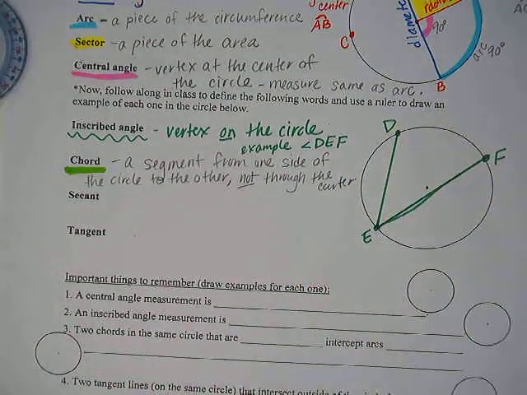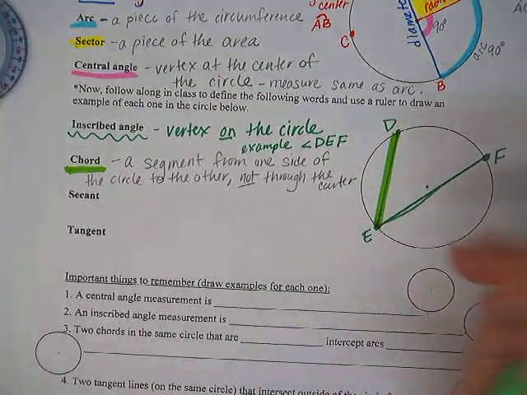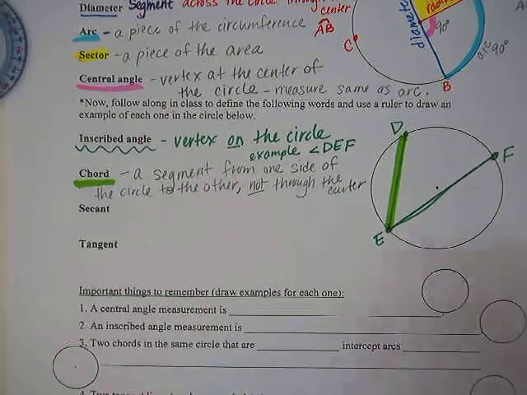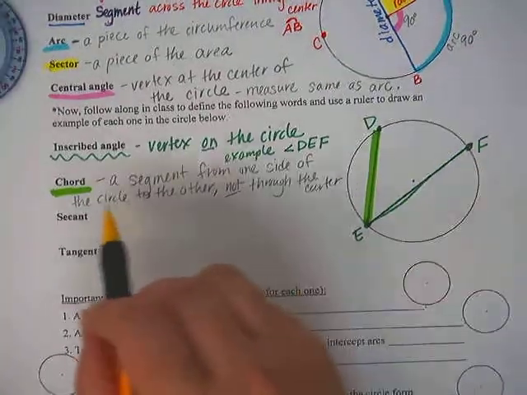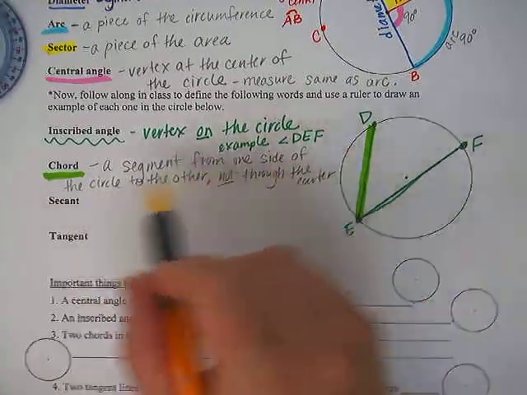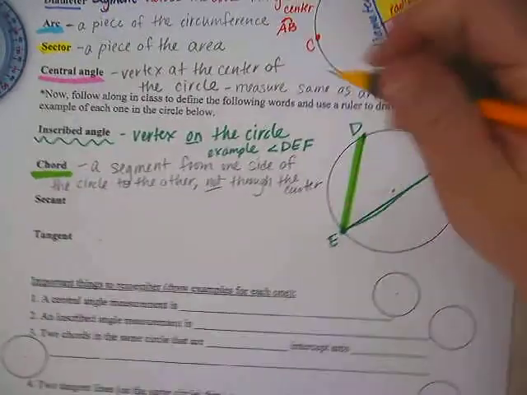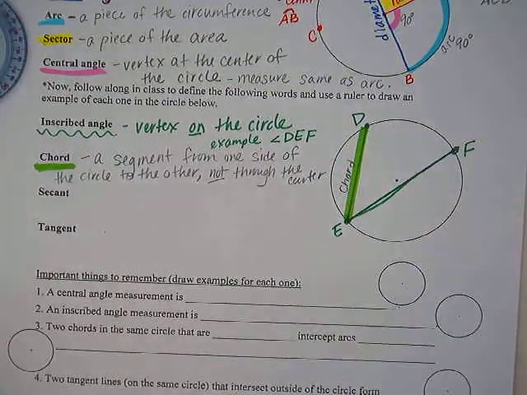It does not go through the center. Not through the center. So we have 2 chords in our picture here. There's a chord DE and there's a chord EF, right? I'll just highlight one of them. I'm going to use the other one for something else in a minute. So we have a chord DE.